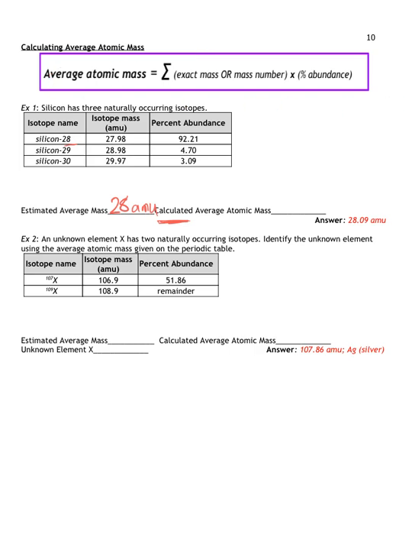It's an easy equation. The first thing you want to do is take your percentages and turn them into decimal form, which is to move the decimal twice to the left. Then you multiply each percent abundance times the exact isotope mass, as you see right here.